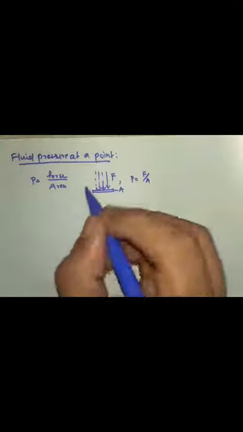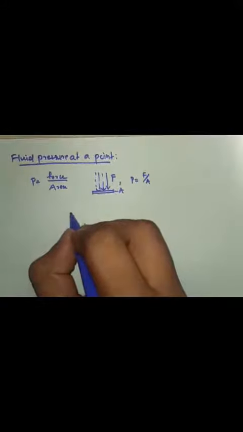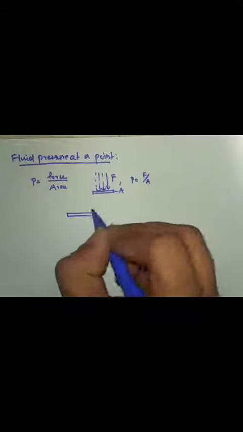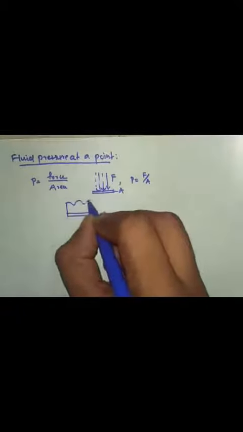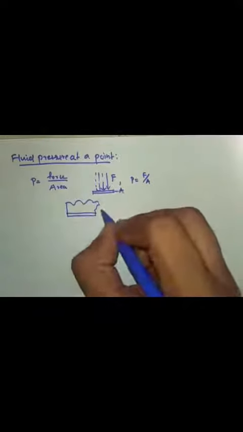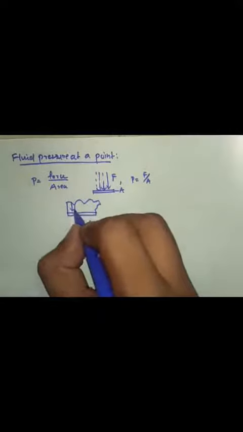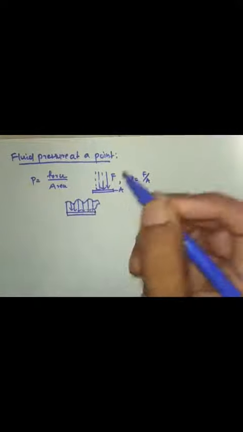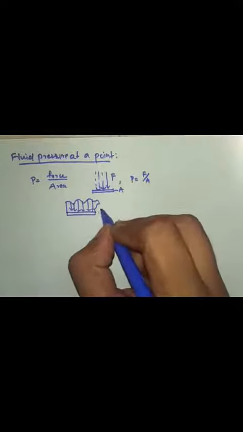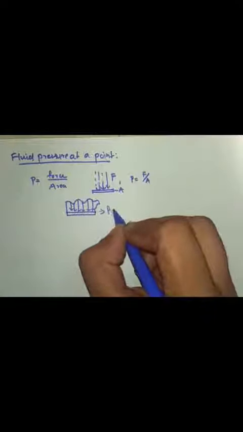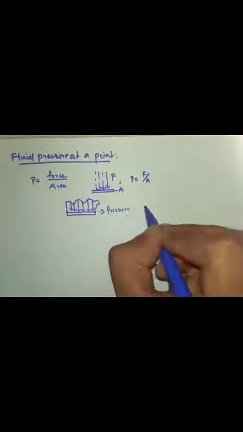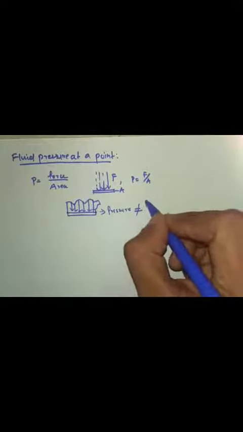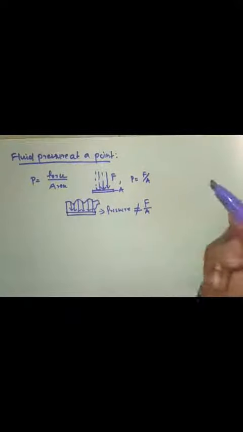So in case of a varying force, with this being the area and this the force, you cannot take the total pressure to be the total force by area.